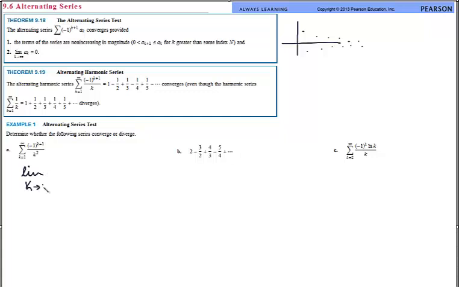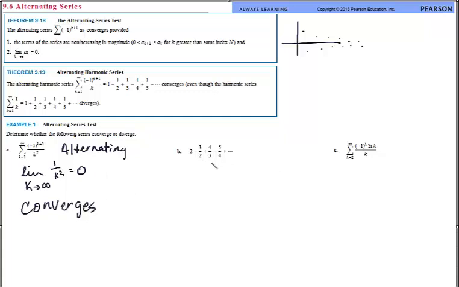So I need to say that the limit of my a sub k, or the limit of my 1 over k squared, equals 0 because it is a p series and p is greater than 2. It is alternating. The limit of this a sub k is 0, and my terms are non-increasing, so they are decreasing, so I can say that this thing converges.